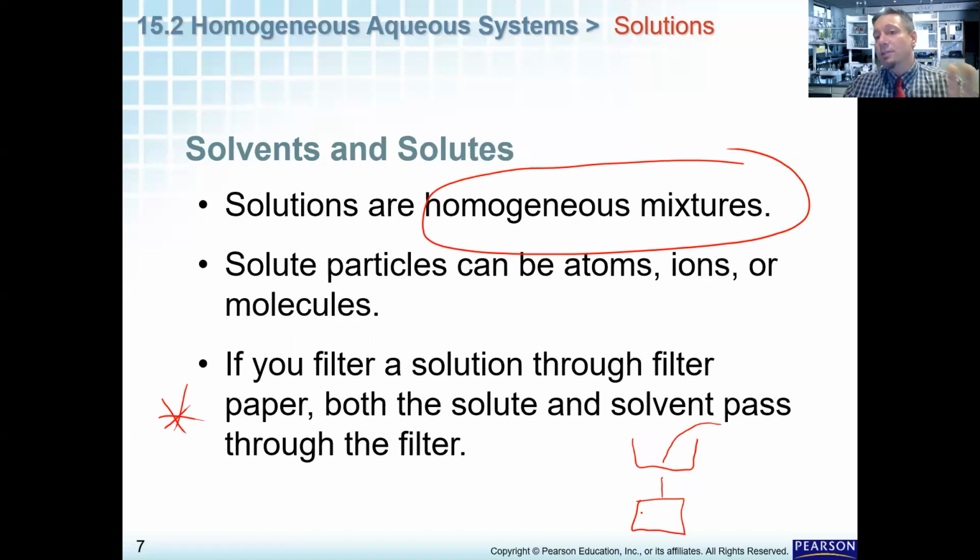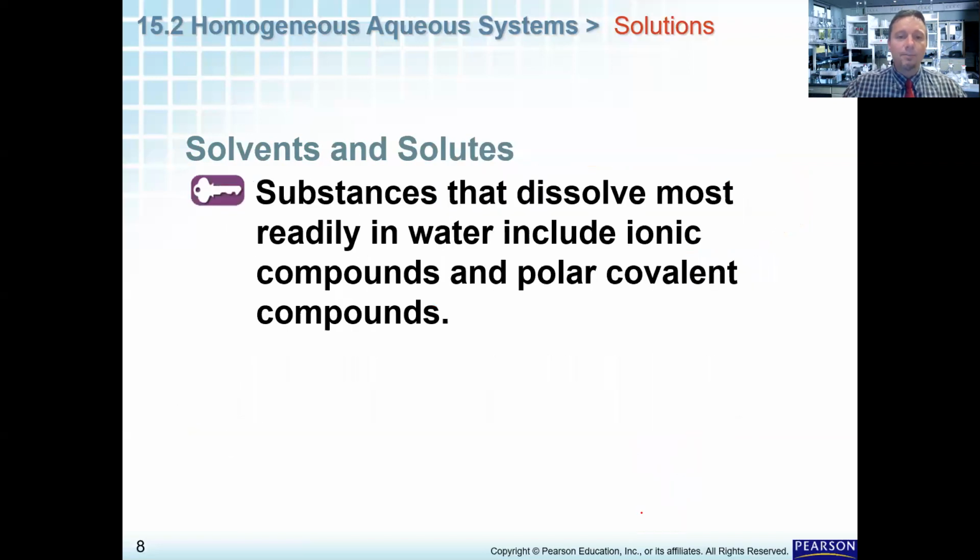We talked about this and we did this demo earlier in the year. The only way you're going to separate a solution is by letting it evaporate or by distillation. So you could distill the solvent off, and then you would end up with, for example, with salt, the salt crystals in a container, whatever you were boiling it in. So that is real important.